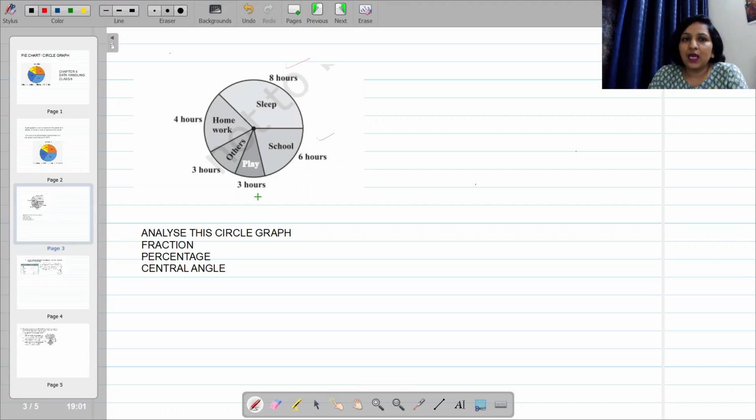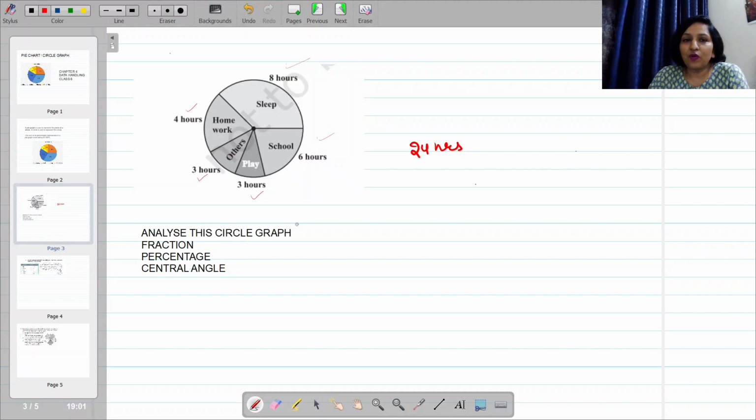It is 14. 14 plus 3, 17, 18, 19, 20 plus 4 is 24. So that means this is 24 hours of a day. And we are trying to show how the child has invested 24 hours in a day.